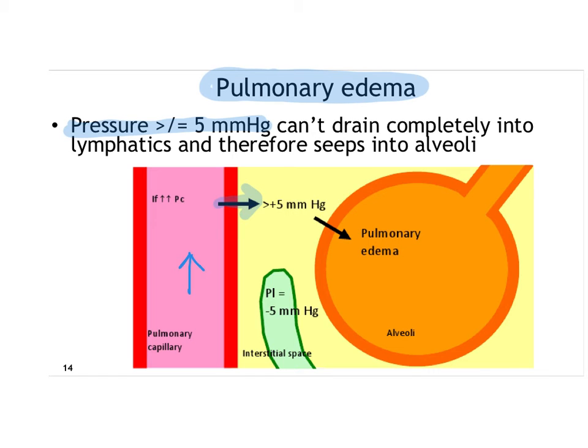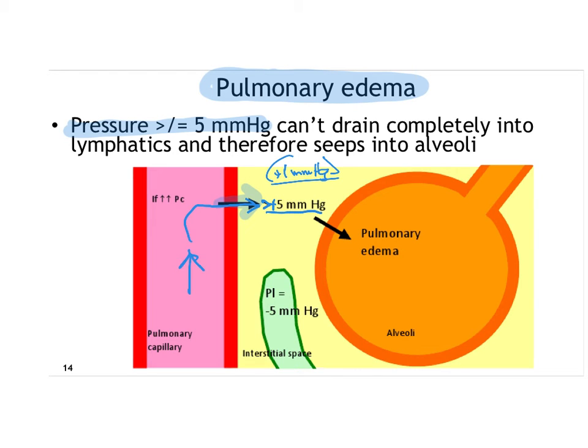And when those pressures go up, then it's going to drive the hydrostatic pressure up, and it's going to be greater than 5. Normally this would be 1, right? Our normal pressure in here would be a +1. That's what it would be normally. Now, all this pressure is increased, and I'm greater than a +5.